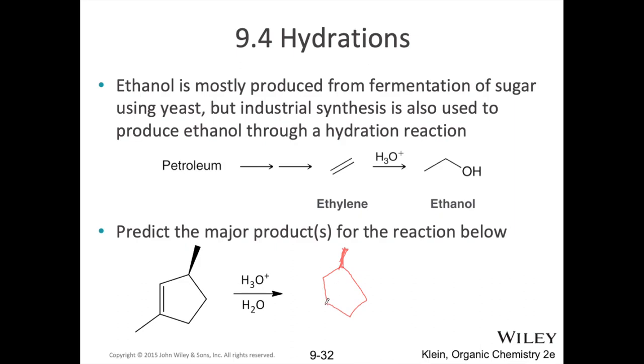And of course, your alcohol group could either add on top here and force this methyl group to point downwards, or that alcohol group, sorry, could add from the bottom, causing that methyl group to point towards you. Okay, so there's your two products for this reaction.